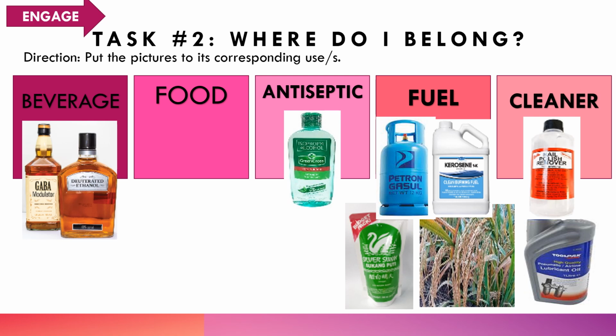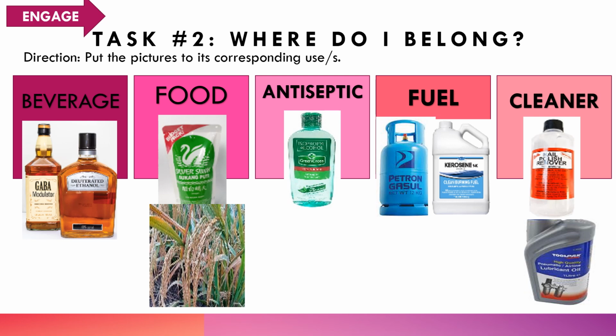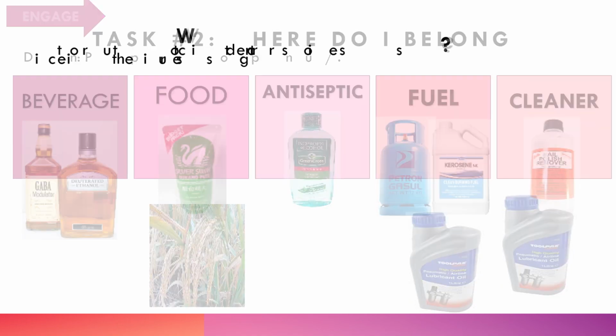Alright, ethanol is used as beverage and can also be used as antiseptic. And we have the vinegar used as food. And the next picture we have the rice. Rice crop belongs to food. And the last one we have lubricating oil, or the lubricant oil. So it can be used as fuel and a cleaner. Very good. Now let's proceed.